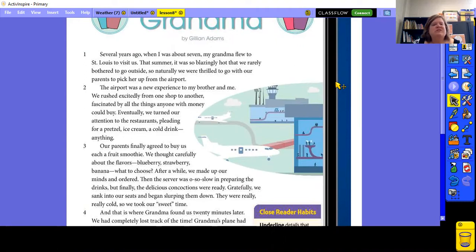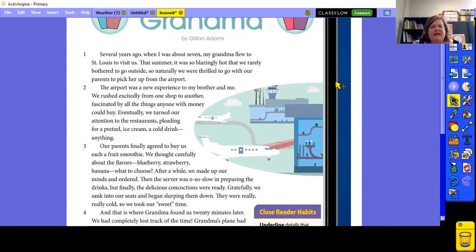The airport was a new experience to my brother and me. We rushed excitedly from one shop to another, fascinated by all the things anyone with money could buy. Eventually, we turned our attention to the restaurants, pleading for a pretzel, ice cream, and a cold drink, anything. Our parents finally agreed to buy us each a fruit smoothie.